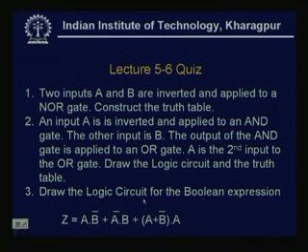Draw the logic circuit for the Boolean expression z equal to A dot B bar, meaning B complement, plus A bar dot B plus A plus B bar dot A. We can follow any one of lecture 5 and 6.